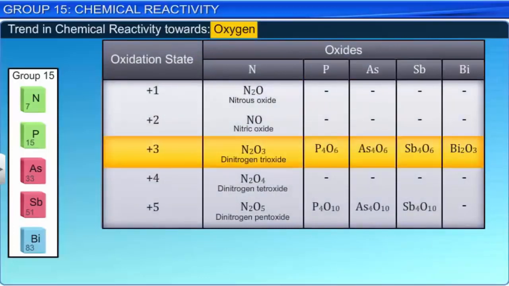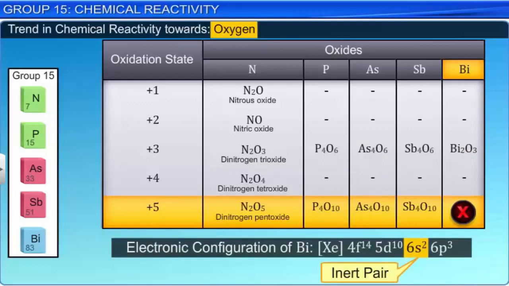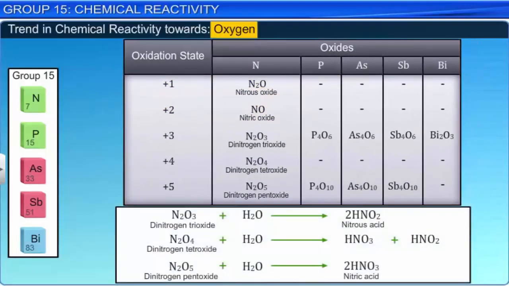Bismuth can't form oxides in +5 oxidation state because of the inert pair effect. The lower oxides of nitrogen, such as Nitrous Oxide and Nitric Oxide, are neutral, while the higher oxides, such as Dinitrogen Trioxide, Dinitrogen Tetroxide, and Dinitrogen Pentoxide, are acidic.